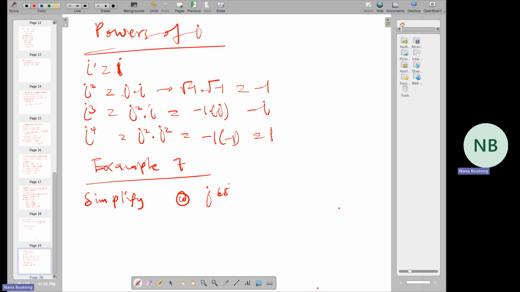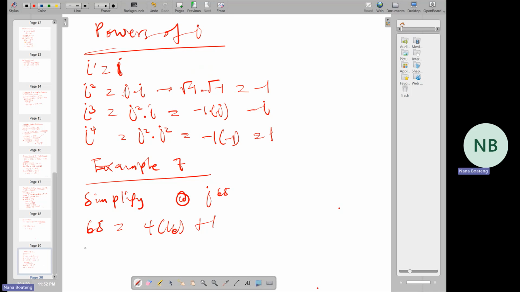And so if we raise i to a multiple of 4, then the result of that will be 1. And so that will simplify things for us. So 65, let's break 65 into a multiple of 4 and add the remainder to it. So 65 is equal to 4 times 16, which is 64, plus 1.